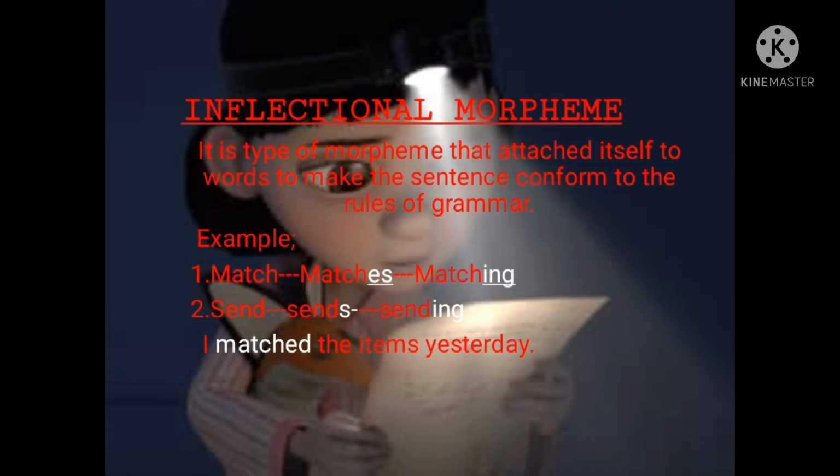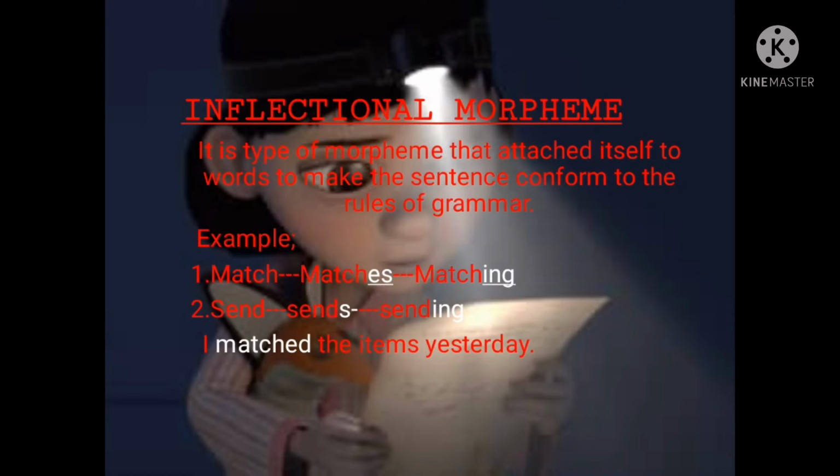It becomes a bound morpheme when another word is attached to it, right? Very good. So we have matches. So the es which is attached to match becomes a bound morpheme.